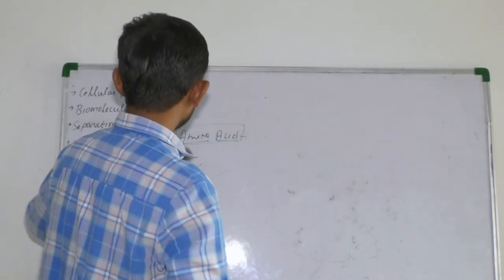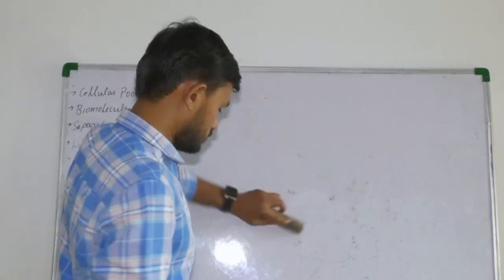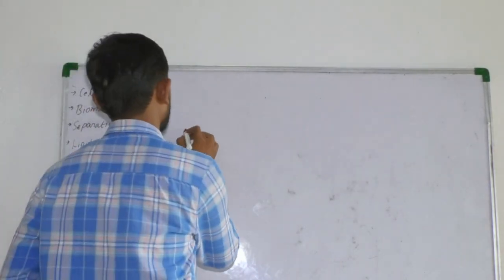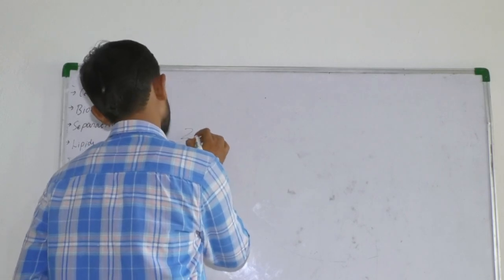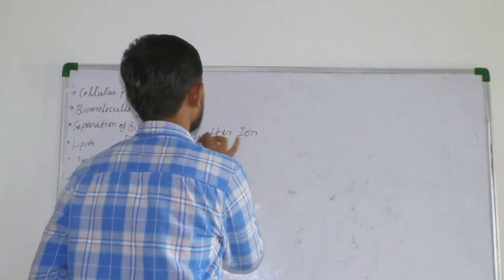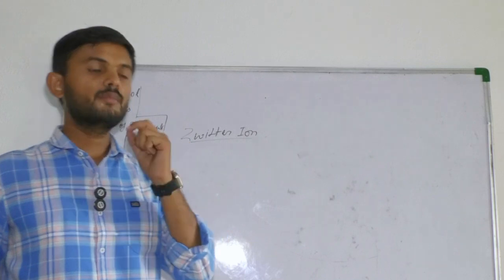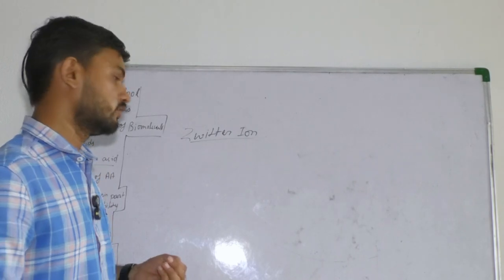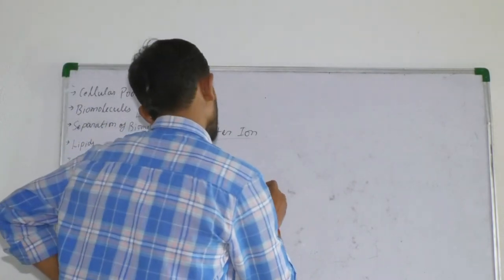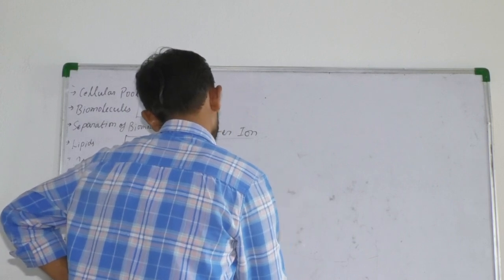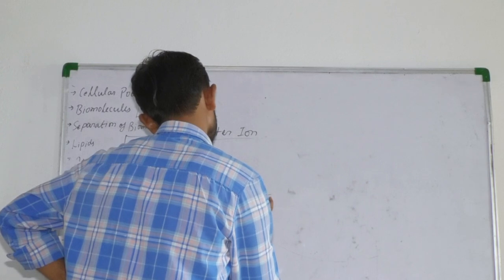Now an important topic of amino acid is zwitterion. Okay, so zwitterion is an important subtopic of the amino acid. We should know what the zwitterion is. So when an amino acid is charged, both the groups are charged.